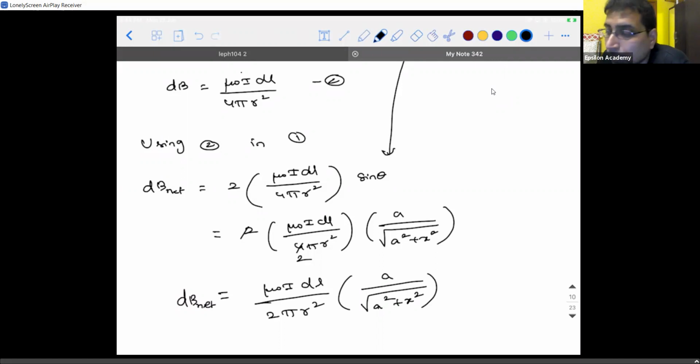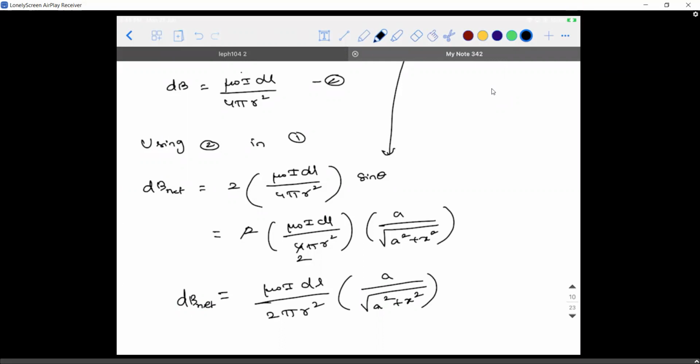Right? It is a net value. But we need to integrate it, right? This is a value due to dl. Now look at the right side expression and tell me how many variables do you have? Two variables. What are the two variables? A and X.